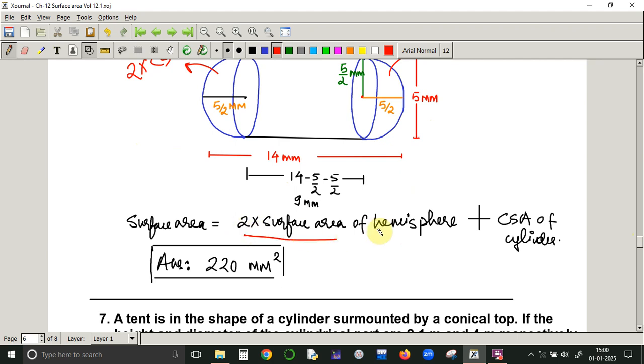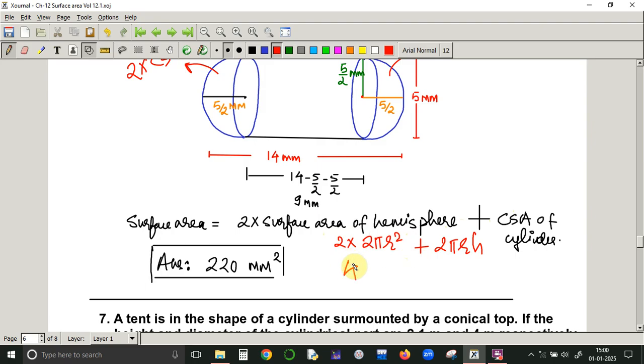So 2 times the surface area of the hemisphere plus the CSA of the cylinder. So 2 into, what is the curved surface area of the hemisphere? It is 2 pi r square, plus 2 pi r h.